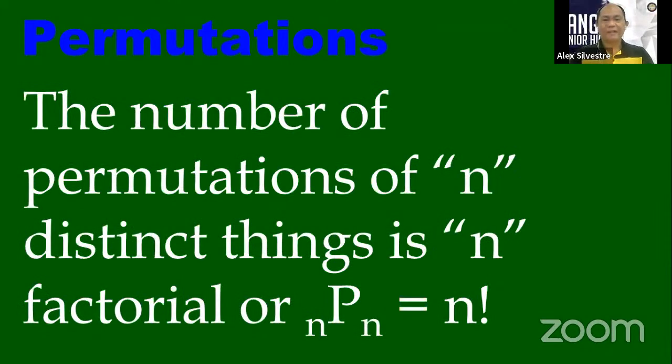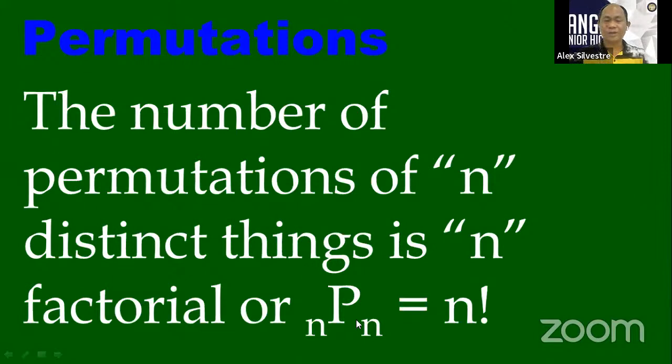At the same time, the number of permutations of n distinct things is n factorial. Look at the difference between the two. This is now n taken n at a time.